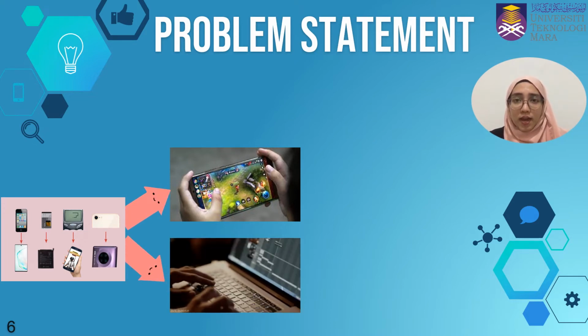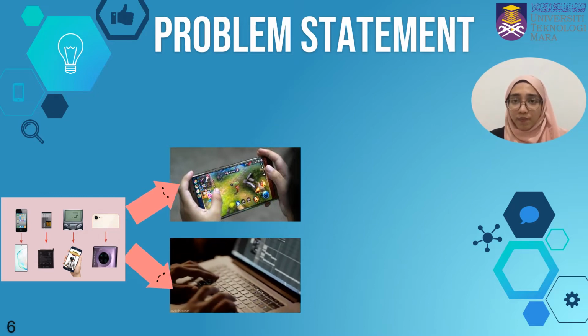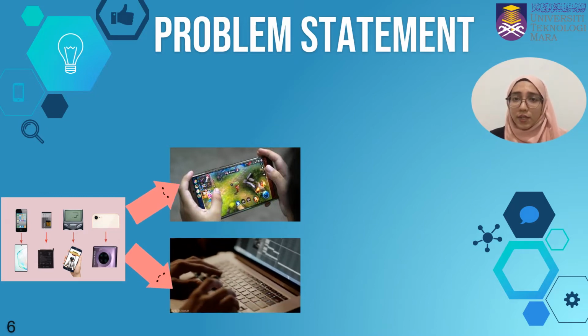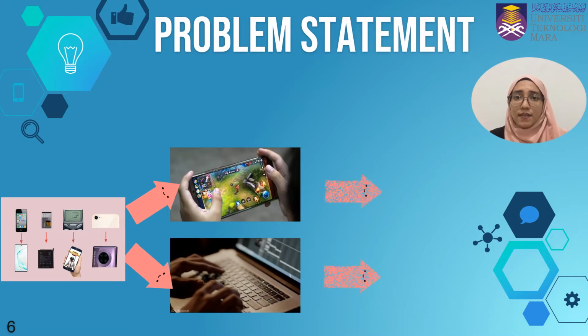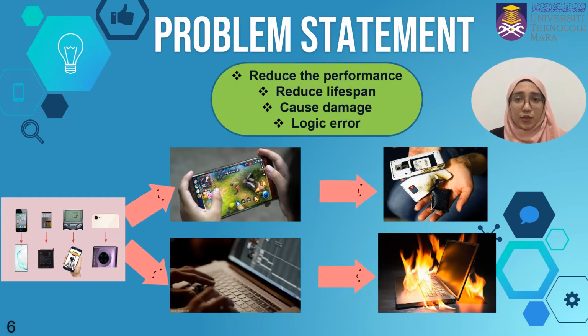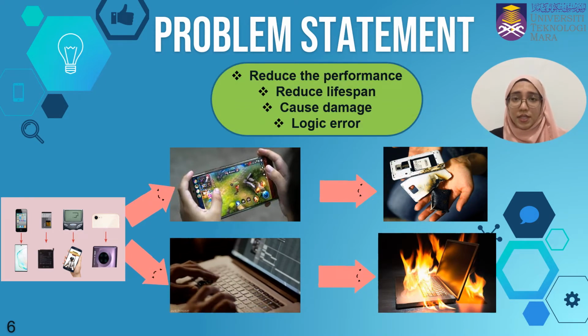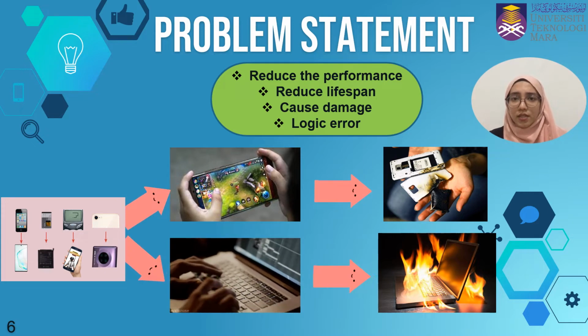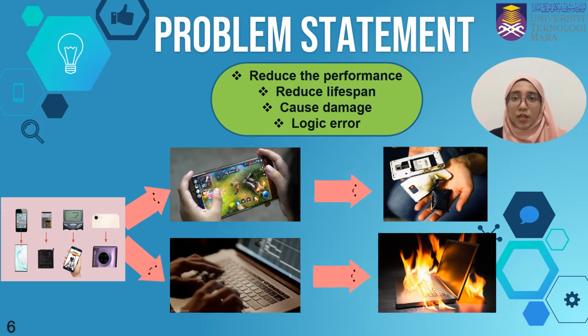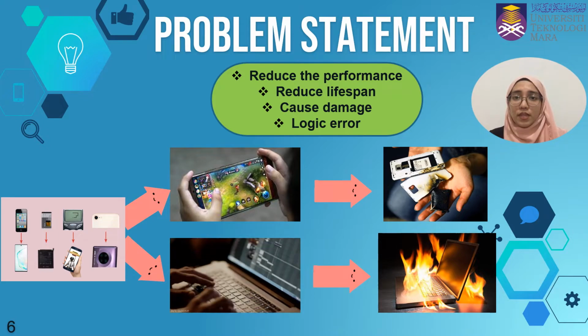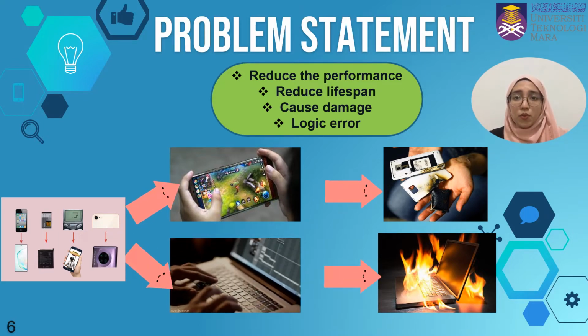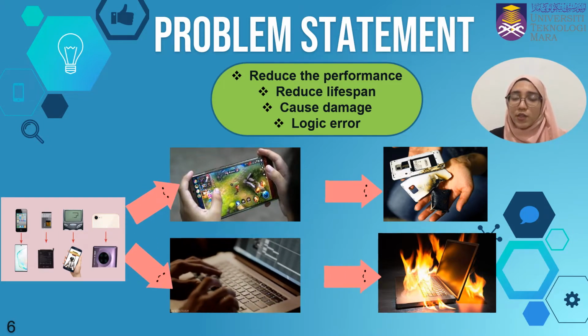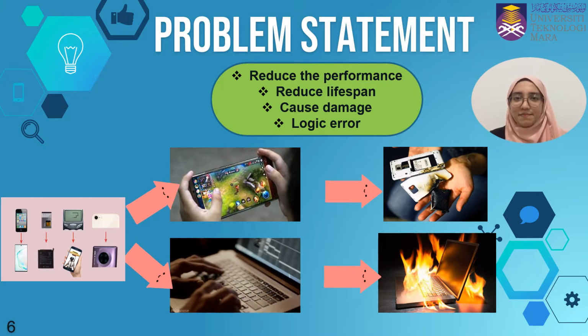When excessive heat is generated beyond the safe limit of the electronic device, it can reduce the performance, reduce lifespan, and cause damage like explosion and logic error. Thus, to maintain the device performance in all conditions, the waste heat must be removed by using an effective cooling method.